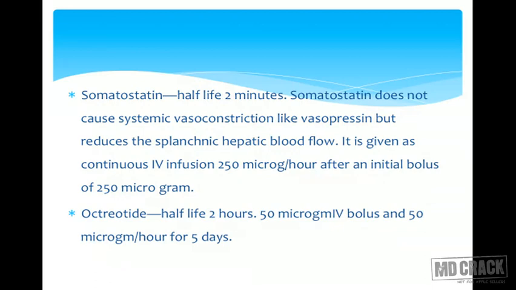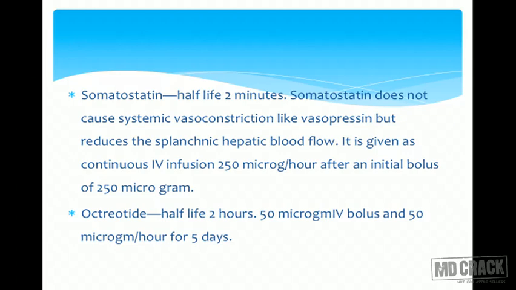Somatostatin has a half-life of 2 minutes. Somatostatin does not cause systemic vasoconstriction like vasopressin, but it reduces the splanchnic hepatic blood flow. It is given as a continuous IV infusion of 250 micrograms per hour after an initial bolus of 250 micrograms. Octreotide now is the drug of choice, with a half-life of 2 hours.